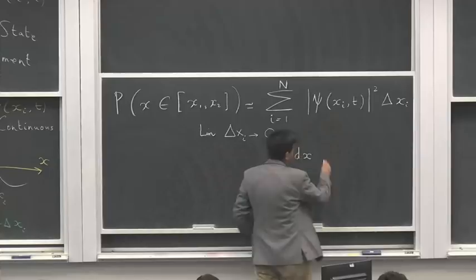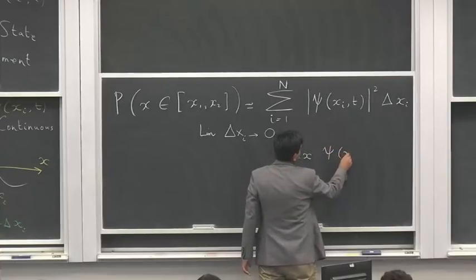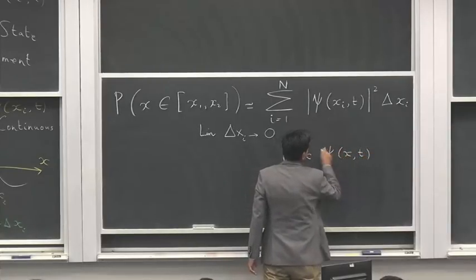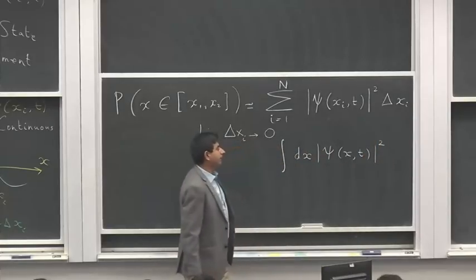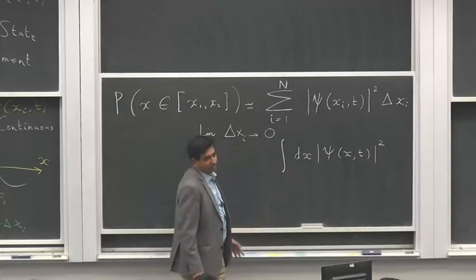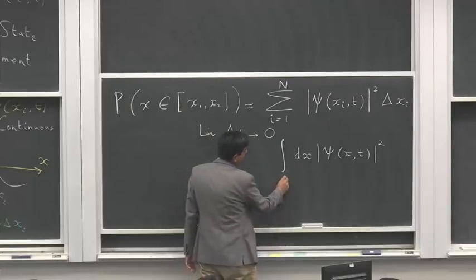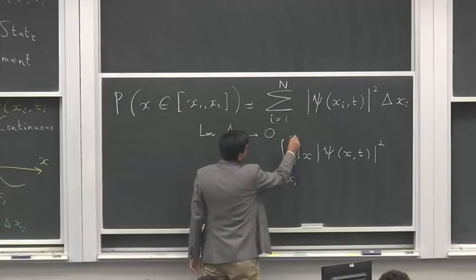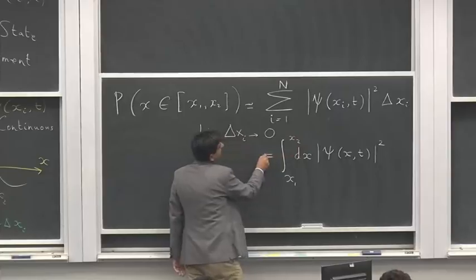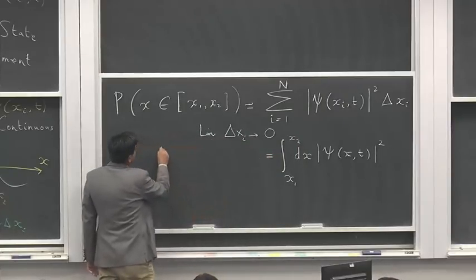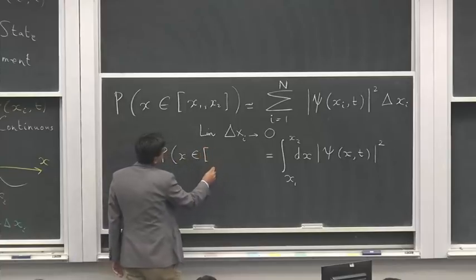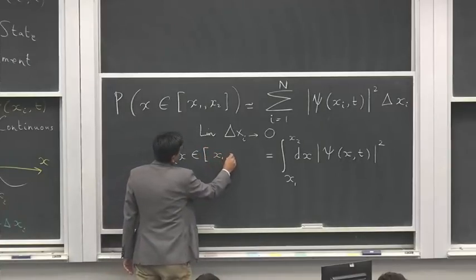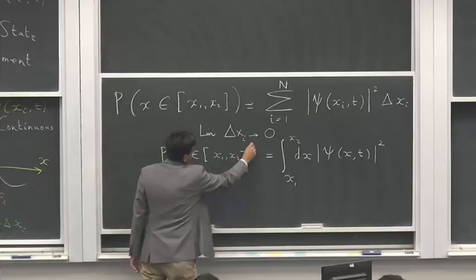This magnitude squared just remains like it previously was, and this yields the result. And if my x goes between x1 and x2, this integral will give me the probability of locating the particle as a result of a measurement between two extreme values.